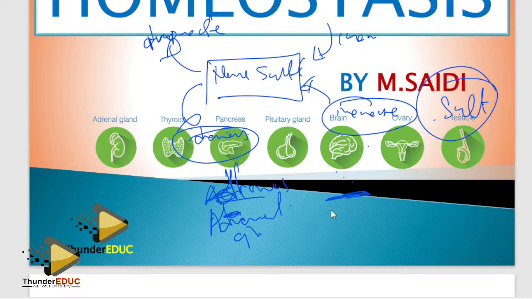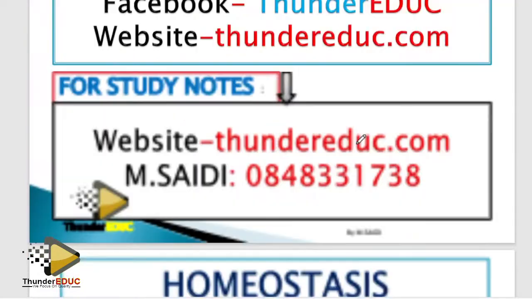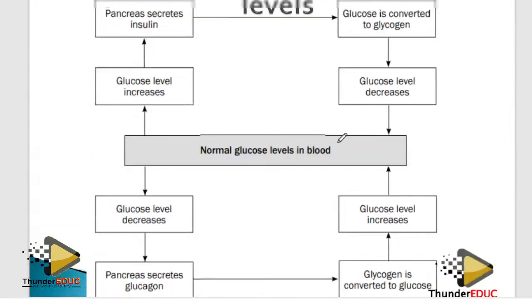Then I say the function of aldosterone: it makes the nephron more permeable to salts, so more salts will be reabsorbed. There's an increase in the level of salts in the blood, and then it goes back to normal. So everything must be linked to that.